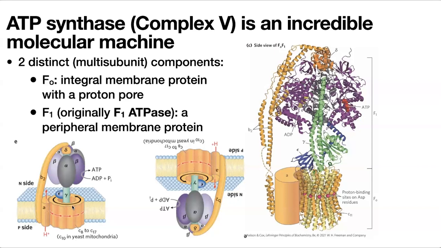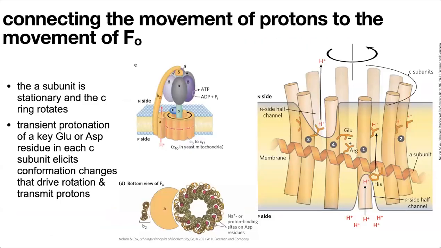So you have this FO in the membrane, protons flow through it. The flow of those protons along their gradient powers the turning of FO. The turning of FO powers the turning of this internal rod, and that ultimately causes ATP to be synthesized in this peripheral part, this F1 ATPase part. So really cool mechanism. You don't need to worry about all of the different details.